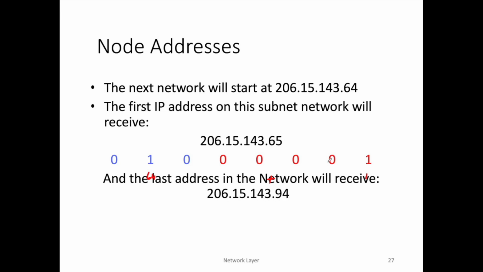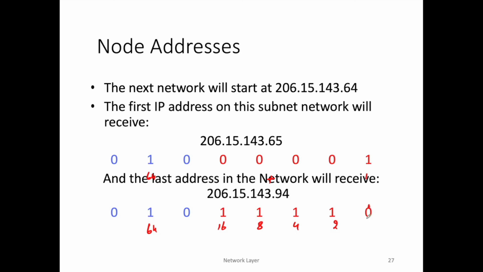Similarly, the last address in this case would be 206.15.143.94. And if I turn all these bits to 1, the combination representing 94 is this. We can calculate it easily. It's not difficult. Its value is 64, and then 16, 8, 4, 2. If we add them together, the value is 94.